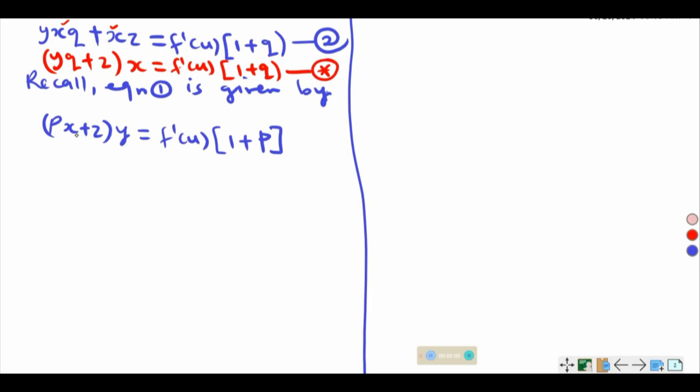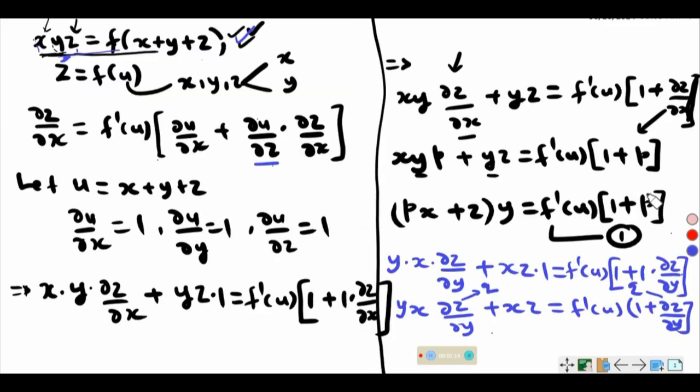We need to recall that our equation 1 was given as px plus z into y, which is equal to f derivative of u into 1 plus p. That was our equation number 1.